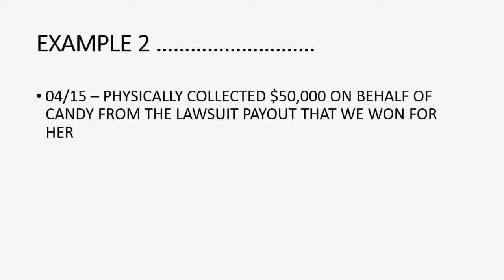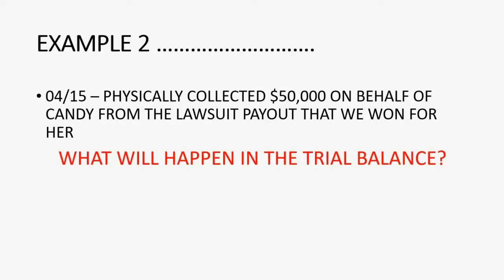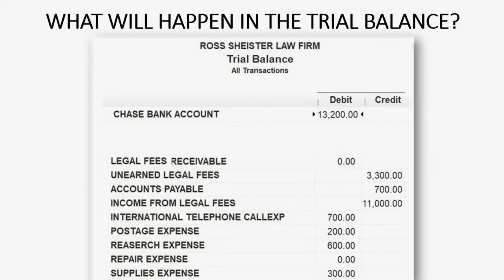Now, let's imagine on the same day that we won the lawsuit, we physically collected $50,000 on behalf of Candy for the lawsuit payout from the lawsuit we just won. Now, what will happen in the trial balance at the moment we record physically collecting this $50,000? Well, the savings account, the bank account that we created, which is a trust account just for holding the money, will show up for the first time as a debit balance on our trial balance for $50,000.